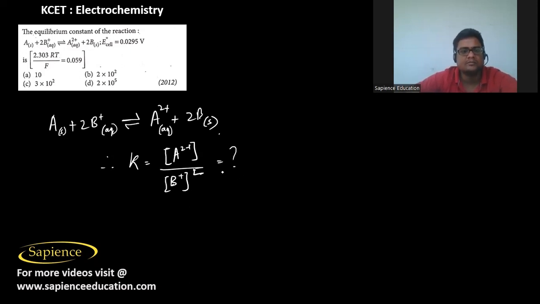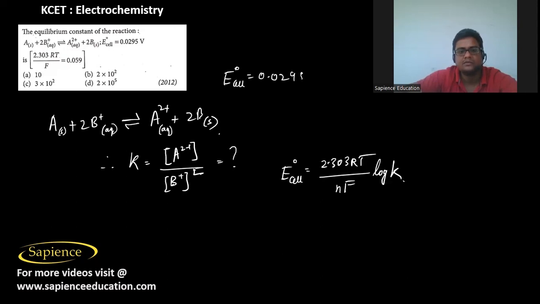Now as you know, E naught cell equals 2.303 RT by nF into log K. Now E naught cell is given as 0.0295 volts, and we know that at room temperature the value of 2.303 RT by F is equal to 0.059.